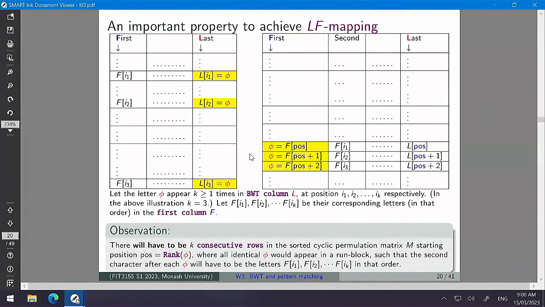So there will be some suffix where the phi will be the first one and the character after that is whatever you saw as the letters against phi. Letters against phi is f of I1, f of I2, f of I3. You will see phi followed by f of I1, phi followed by f of I2, phi followed by f of I3. You will never get it in any other order. Why? It's because it is a sorted set of suffixes.